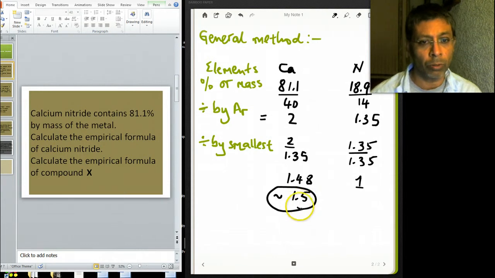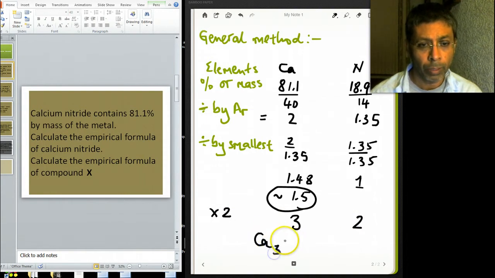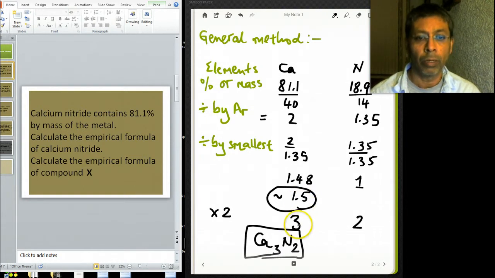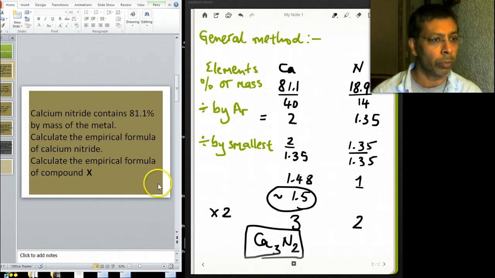You have to now double everything. So what we do is times everything by 2, and we get the ratio 3 there and 2 here. So the answer is calcium 3 and nitrogen 2. Okay, there we go. So remember, a special case, when it's 0.5, you can't round up, can't round down, you double everything.